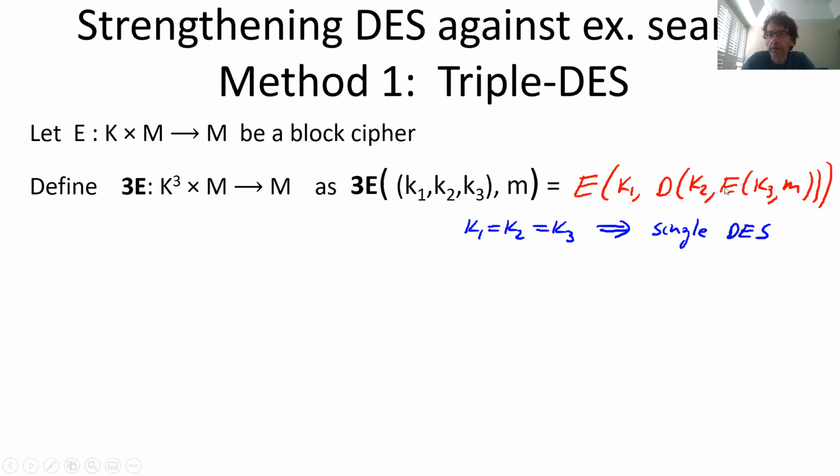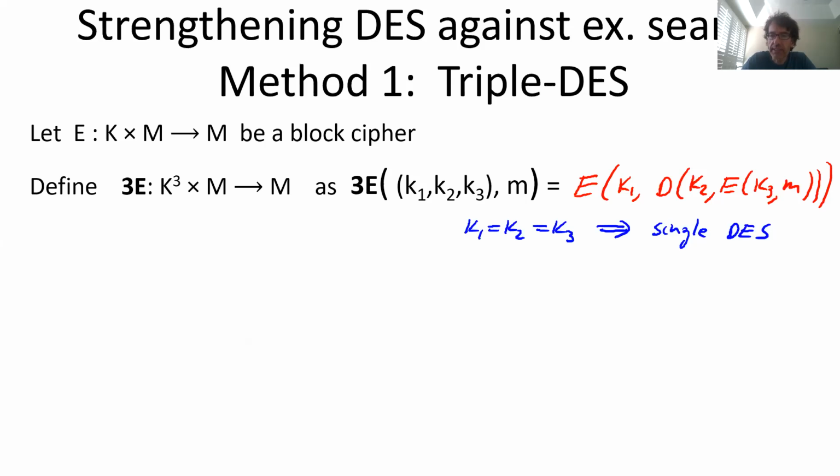Why go encrypt, decrypt, encrypt, and not encrypt, encrypt, encrypt? For one reason only. Because if you standardize it this way and you make the keys equal, then you get backward compatibility with a single usage of DES.